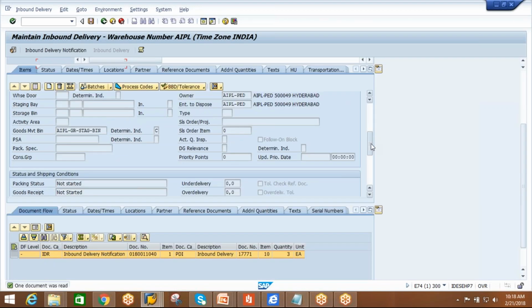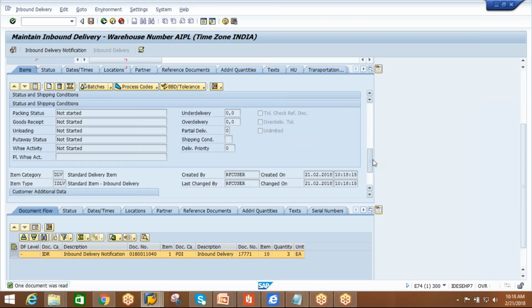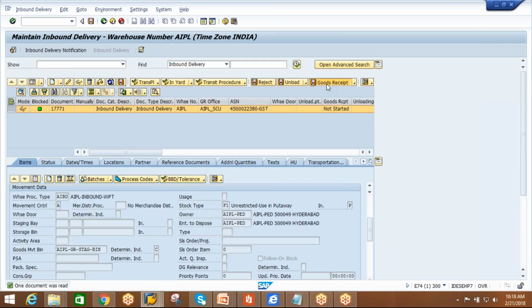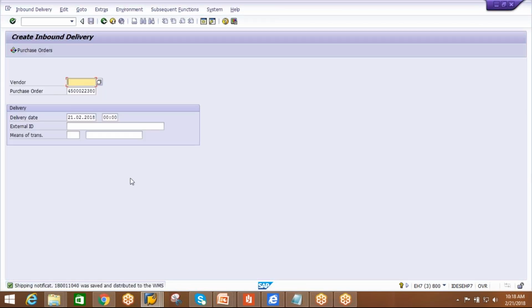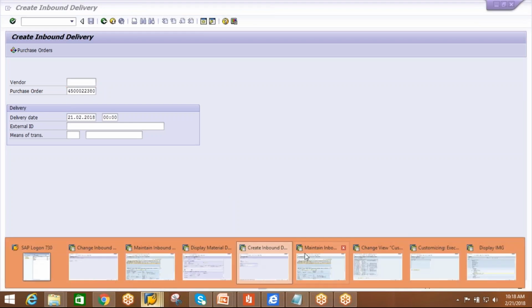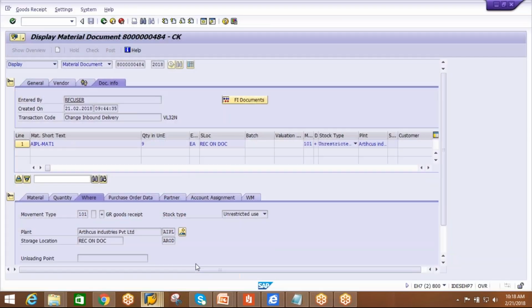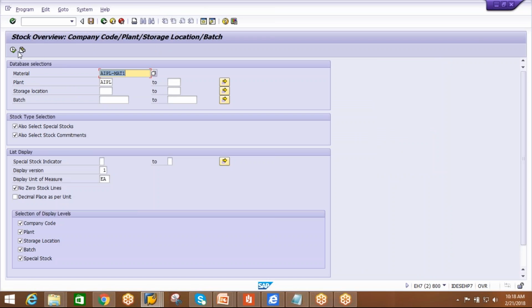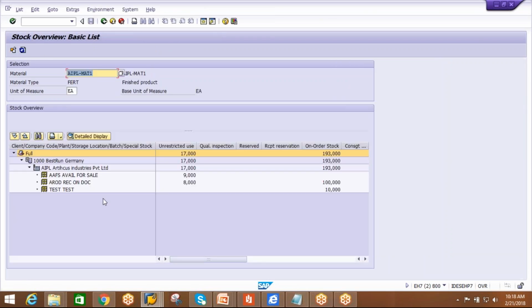You can find F1 here, F1 storage type. Now I am doing goods receipt and go to MMBE, 3 quantities. MMBE. See here, earlier 5 was there, now this one.